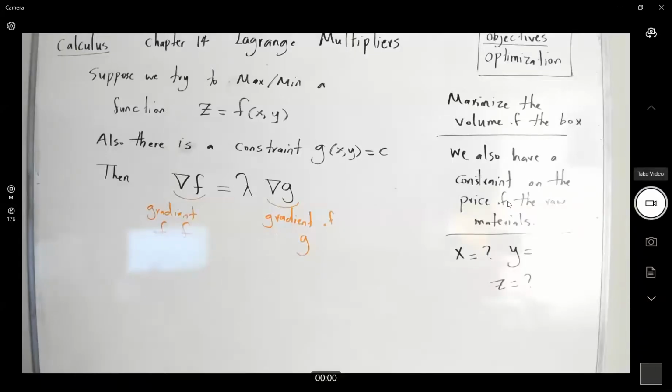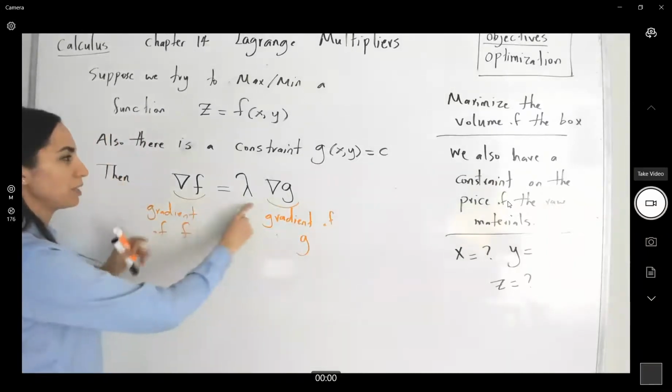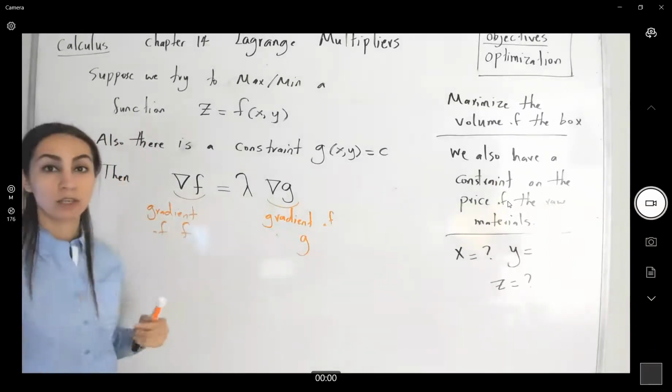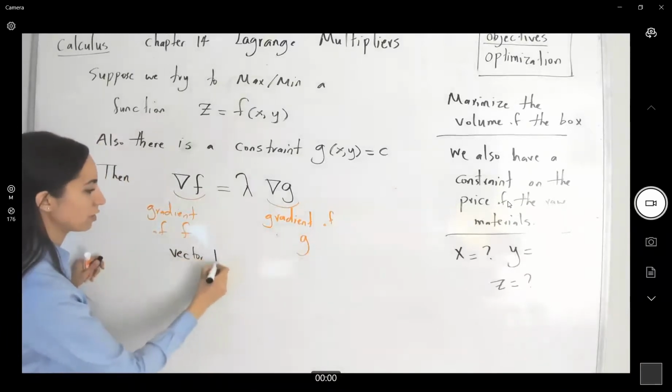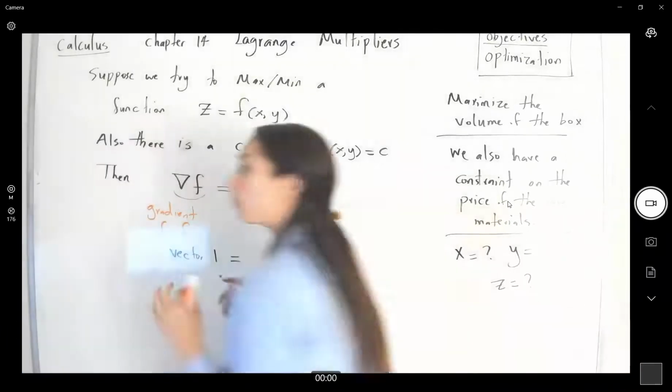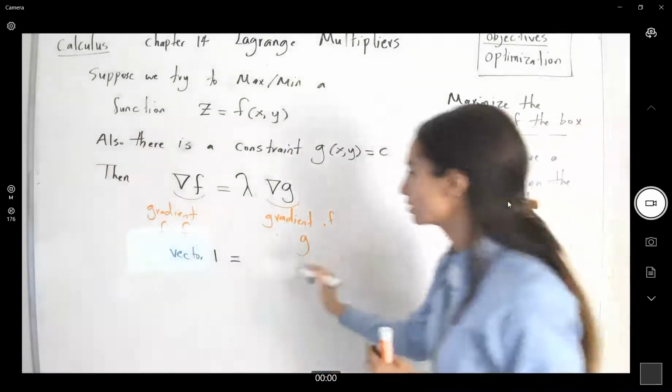So by setting these equal to each other, it means that you have two vectors, and vector 1 is proportional to vector 2.